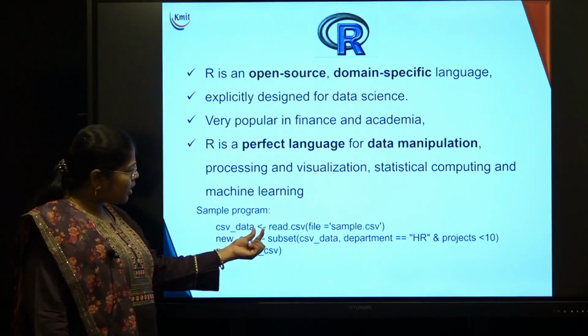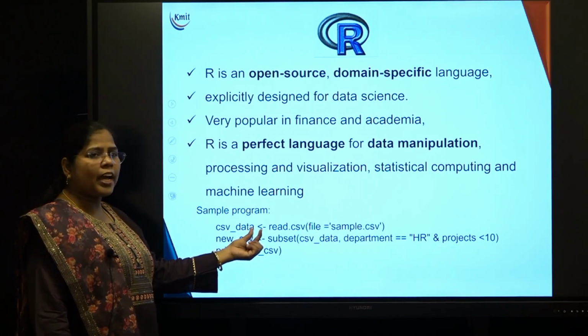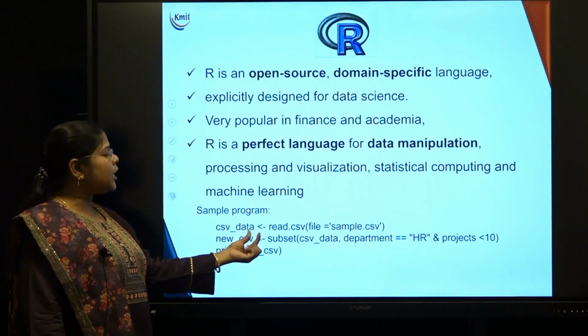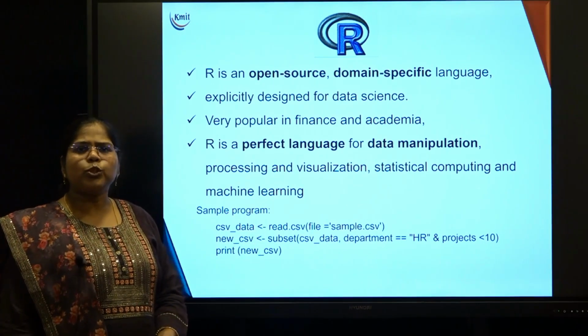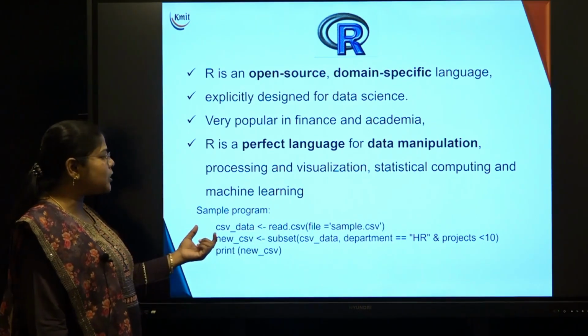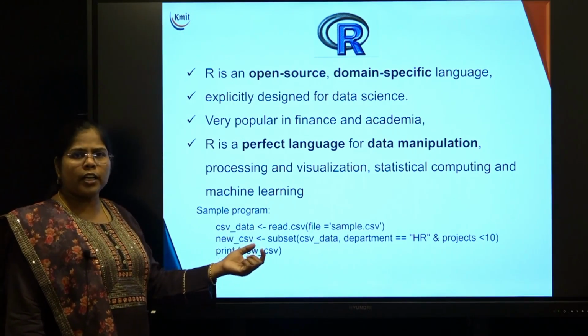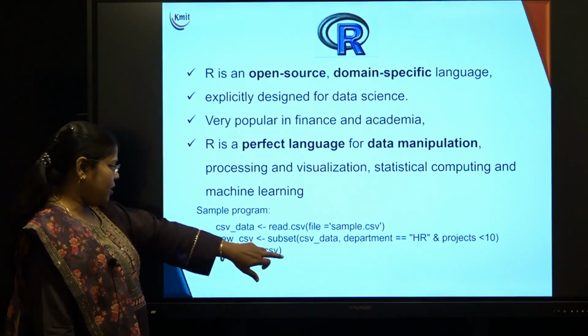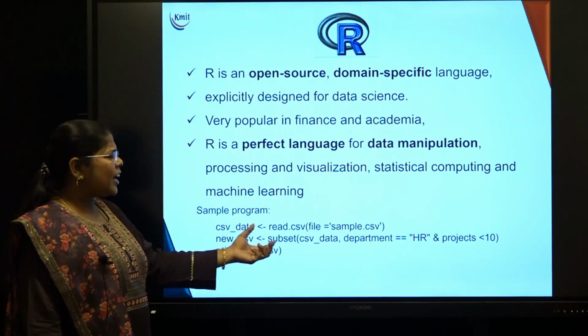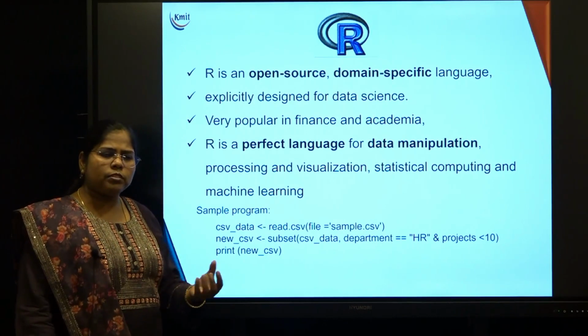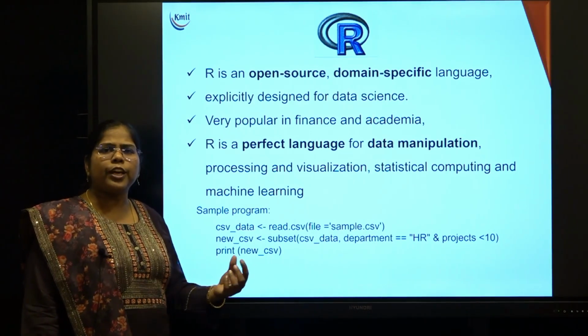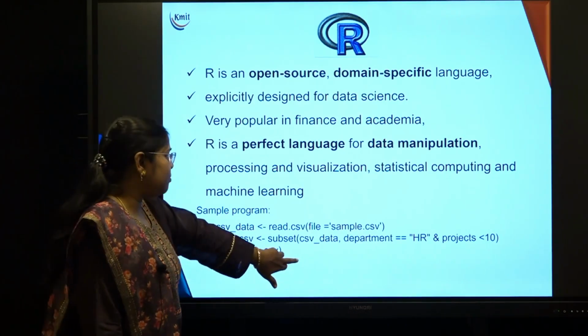In Python we use equals, whereas in the R language we use the less than symbol and hyphen, so that we can easily store our CSV file into a data frame. And if you want to create a subset of the data, we can always use the subset function.